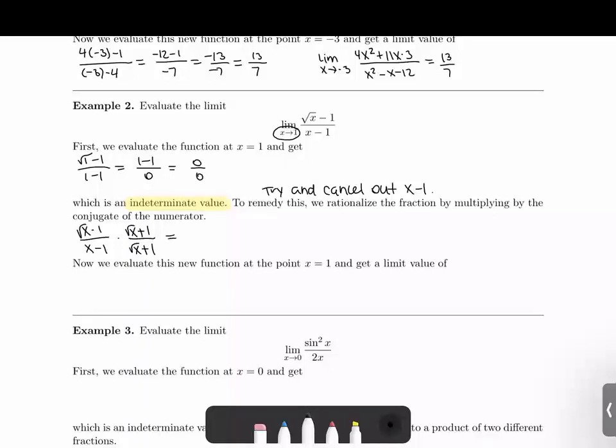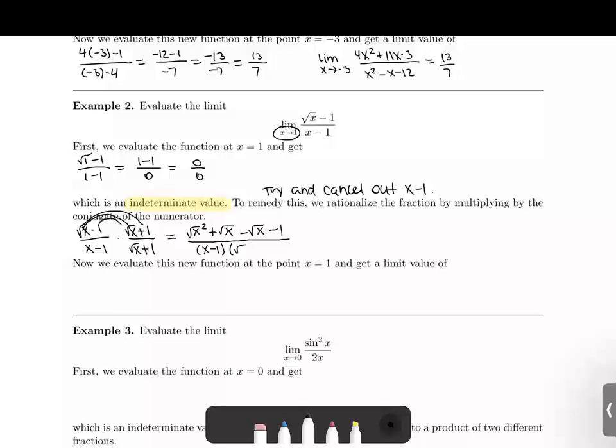So I'm going to FOIL my top. So my top is going to be my first, so the square root of x squared, my outside plus the square root of x, my inside minus the square root of x, and then my last minus 1. And what I'm going to do is I'm remembering that I'm going to try and cancel out x minus 1. So I'm going to leave, an x minus 1.